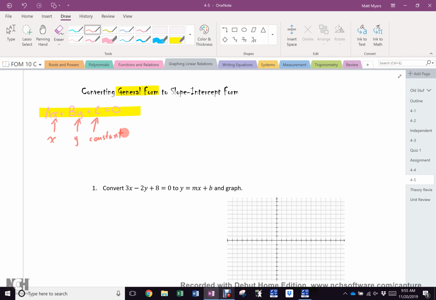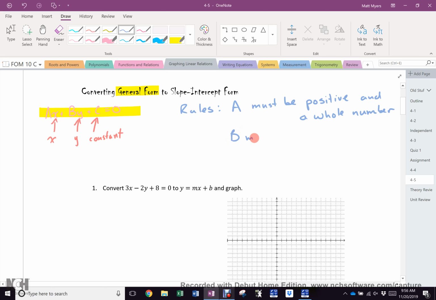But there's some rules here. All right? The rules are as follows. A, this number here, must be positive and a whole number. So no decimals or fractions. Cool?